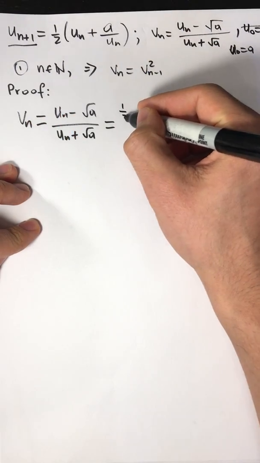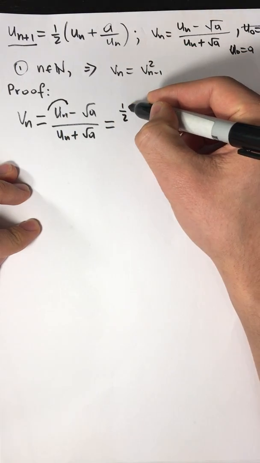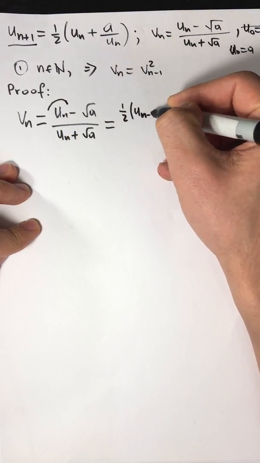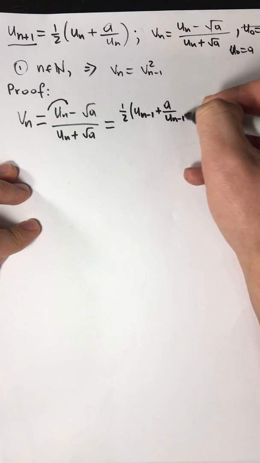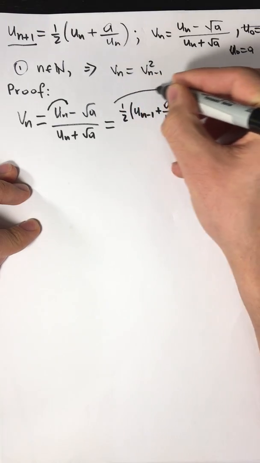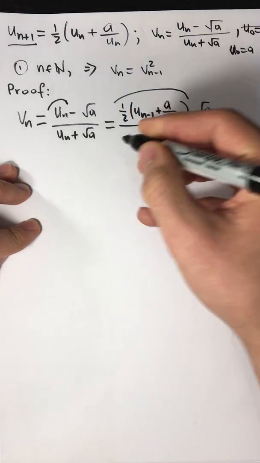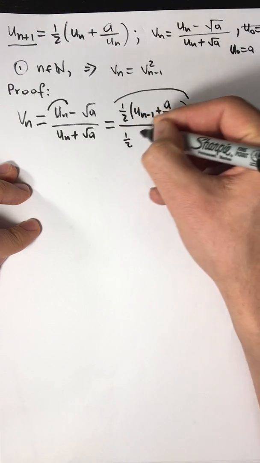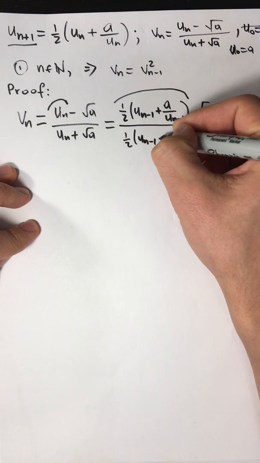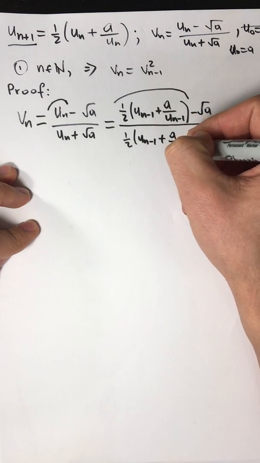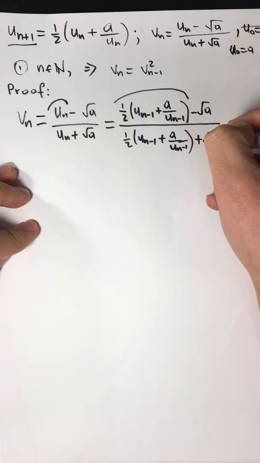So it means that un is equal to 1 over 2 un minus 1 plus a divided by un minus 1. So this is un minus root a. And I do the same thing with the denominator. So I have this un minus 1 plus a divided by un minus 1 plus root a.